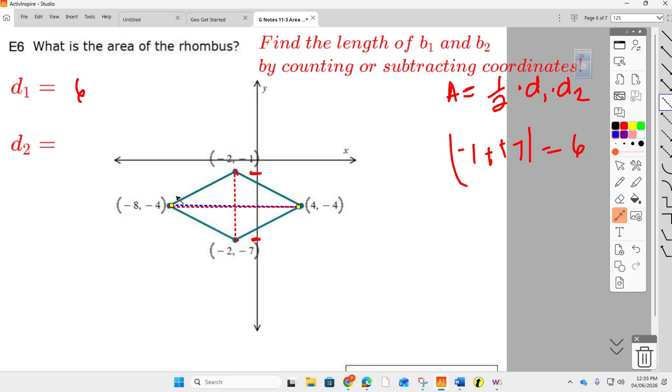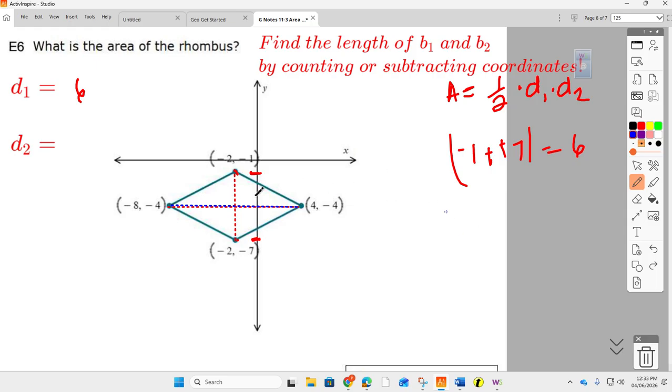From here to here is 8, and from here to here is 4. Or we can subtract our coordinates. If it's a horizontal diagonal, we're subtracting the x-coordinates: negative 8 minus 4. The absolute value of negative 12 is positive 12. Now we plug into our formula.